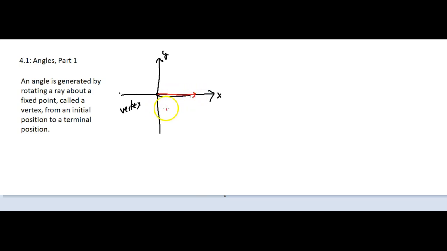So this is the initial position. Our rotations begin from this point. Then they end somewhere, and we will consider that to be called the terminal position, where the rotation ends. It won't just be in quadrant 1, but for Chapter 4 we're going to focus on angles in quadrant 1.